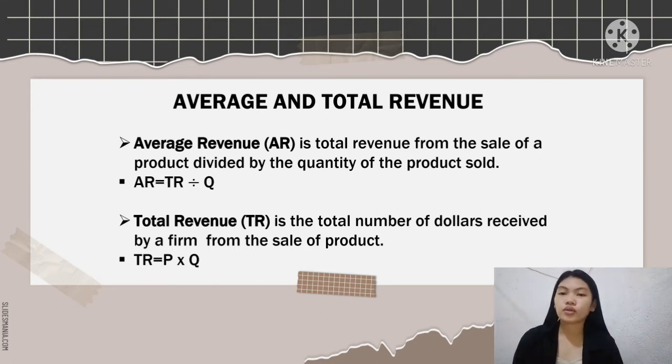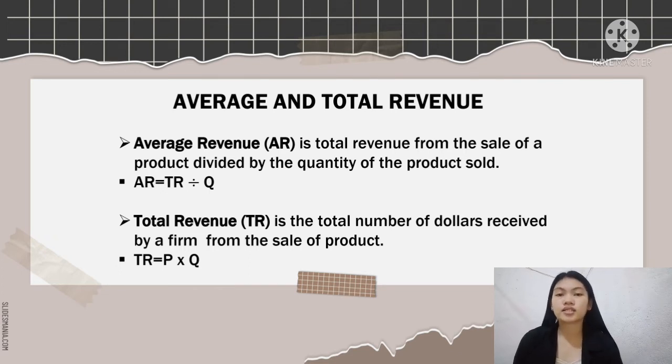So next is the total revenue. When we say total revenue, it is the total number of dollars received by a firm from the sale of product. It is all the money that a firm makes during a period by selling the goods and services it produces. The total revenue doesn't take into account the costs the firm incurs during the production process.